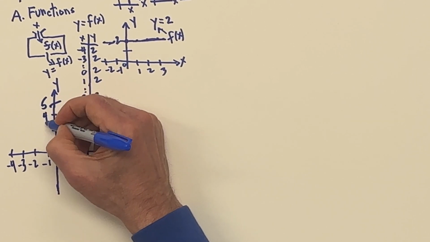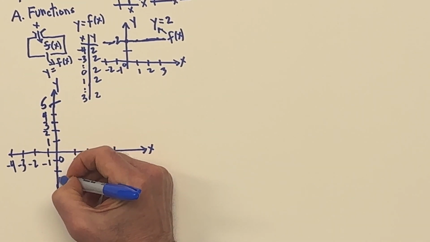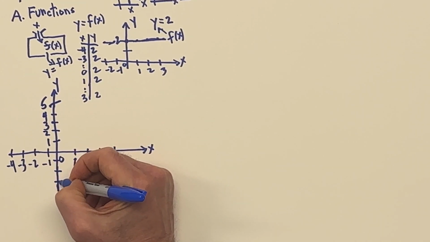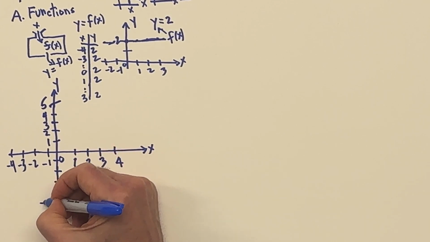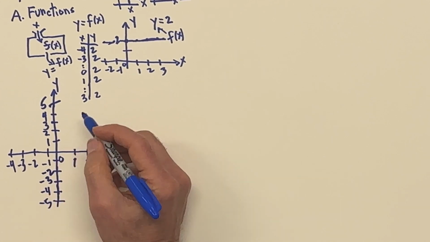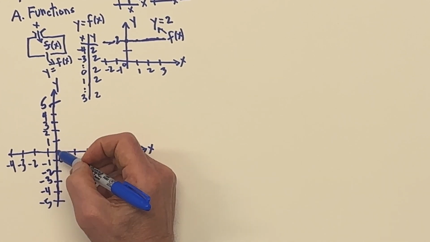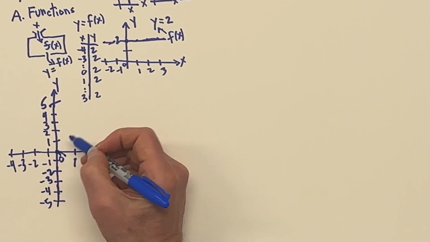All right. And let's go here, -1, -2, -3, -4, -5. So this is -5, -4, -3, -2, and that -1 applies to both of those, and the 0 applies to there. There's a 0.